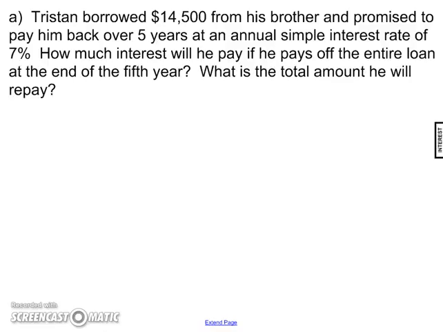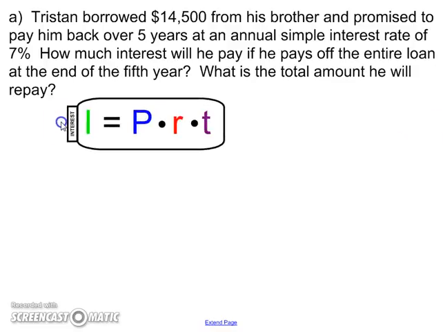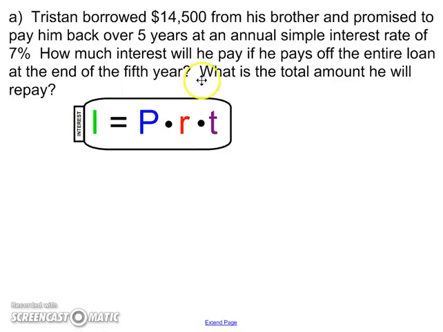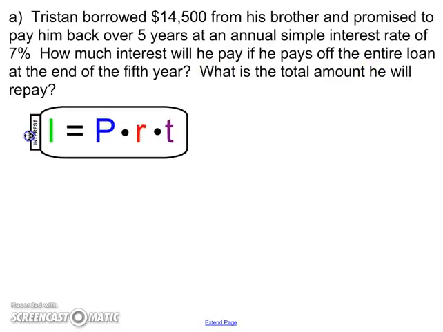Tristan borrowed $14,500 from his brother and promised to pay him back over 5 years at an annual simple interest rate of 7%. How much interest will he pay if he pays off the entire loan at the end of the 5th year? Our formula calculates the interest if we have the principal, the rate, and the time.